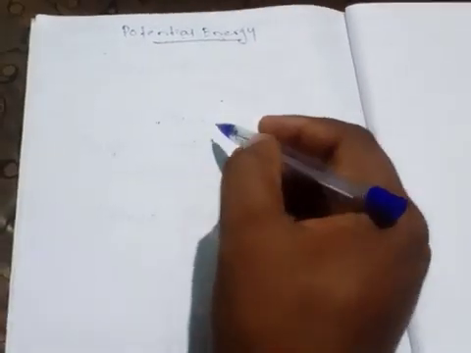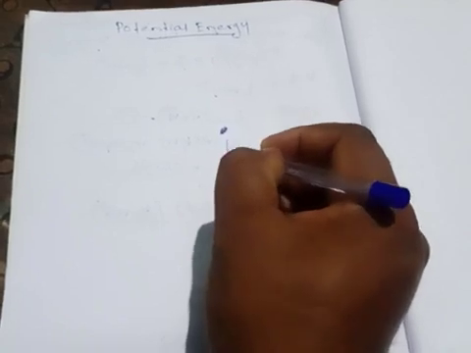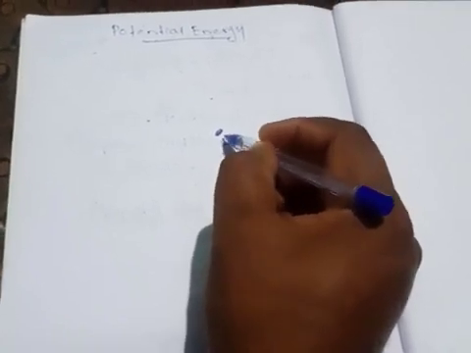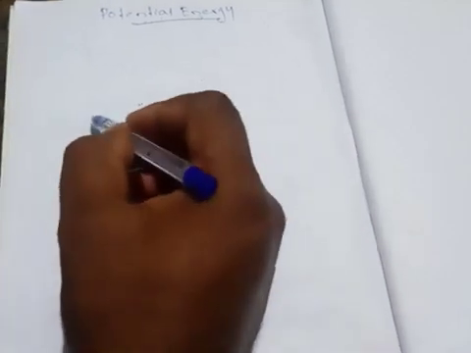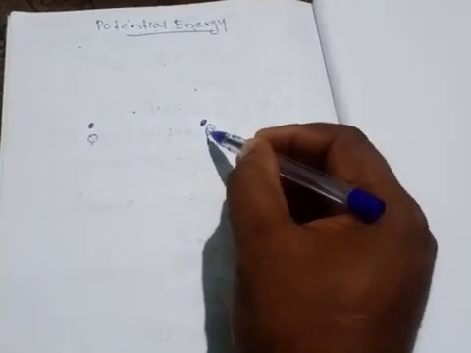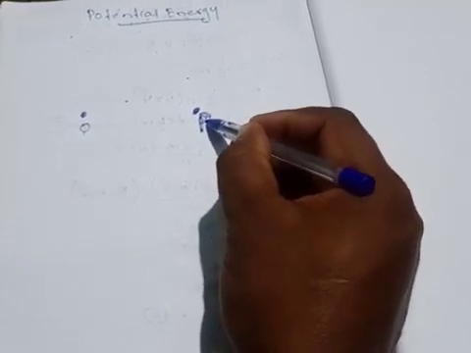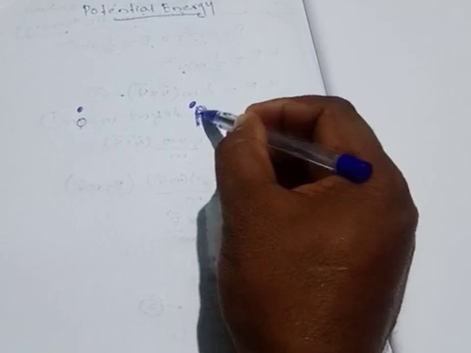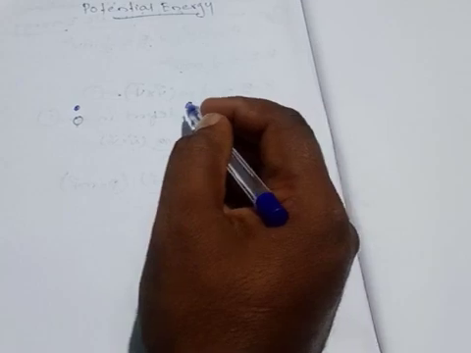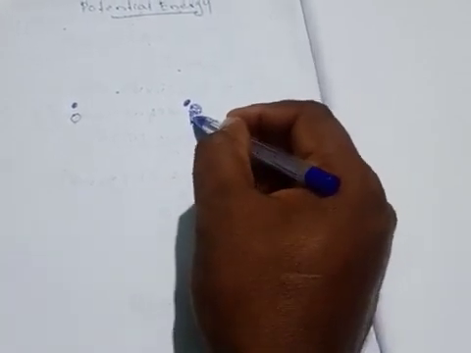So assume that one object is at the position P. Sorry, this is a point P, and assume that there is an object at the position O. Now we are finding the potential energy at this point P. How can the potential energy at this point be defined?